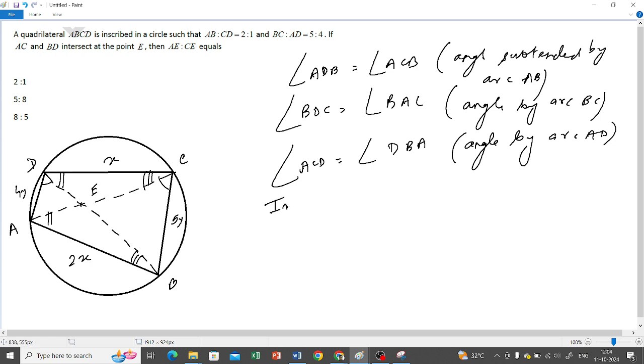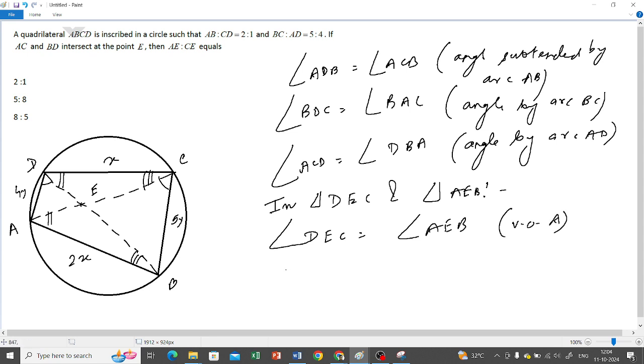Now we will come to different triangles. In triangle DEC and triangle AEB, angle DEC equals angle AEB, vertical opposite angles. ওকে, এটা আগেই প্রুফ করে দিয়েছি, EDC is equal to EAB. So that means triangle DEC is similar to triangle AEB, yes or no?